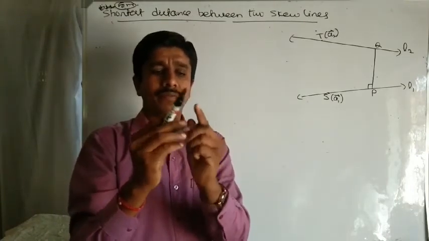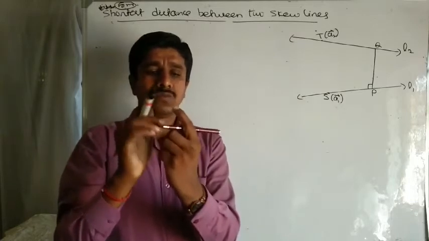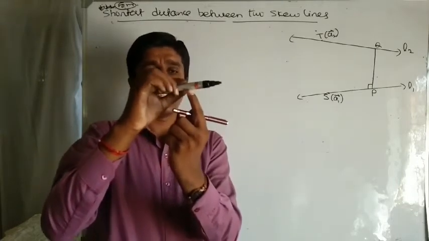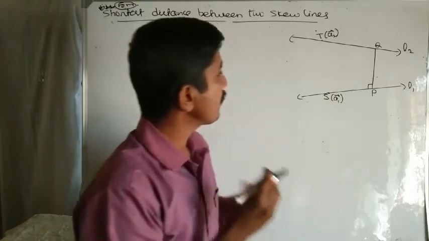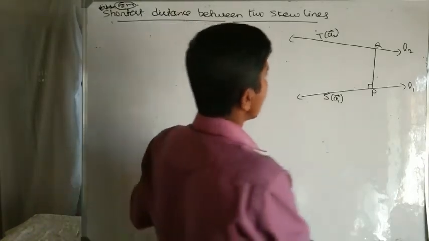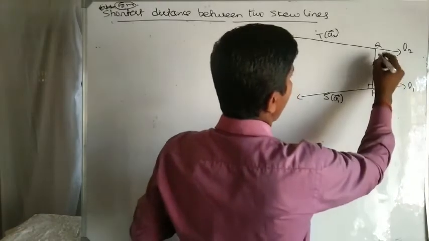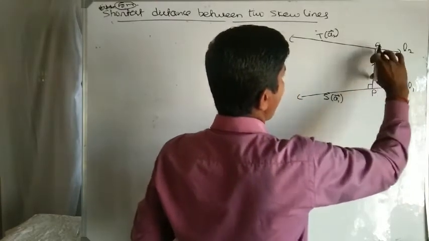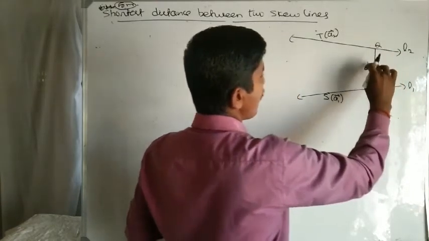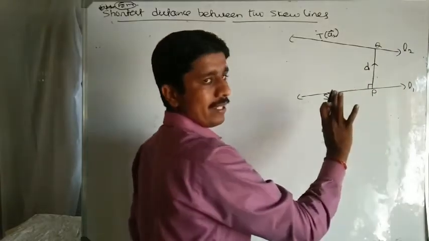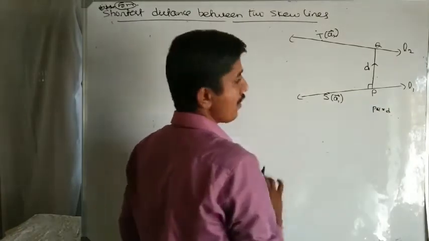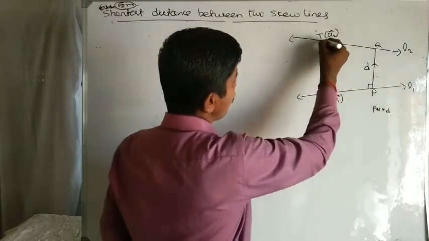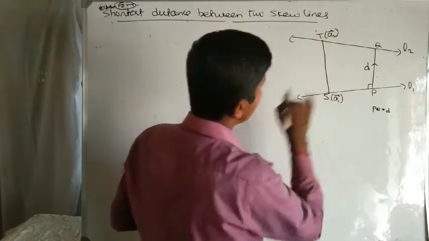This is vector PQ. Let us take the distance as D. I am going to find the distance PQ. This is vector PQ, it is not a scalar here. PQ equal to D. Here join ST.